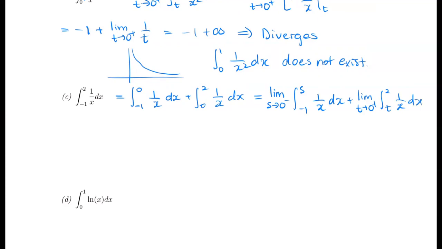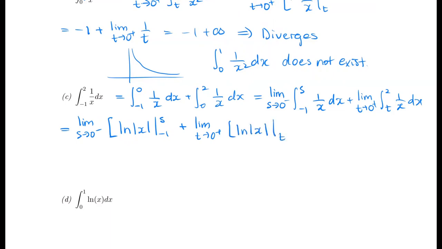Now we compute this integral, so that's going to be equal to ln of x from -1 to s. Don't forget the limit as well. So we have the limit as s approaches 0 from the left plus the limit as t approaches 0 from the right of ln of x from t to 2. So remember, only if both of these limits exist, then we say that the integral converges.